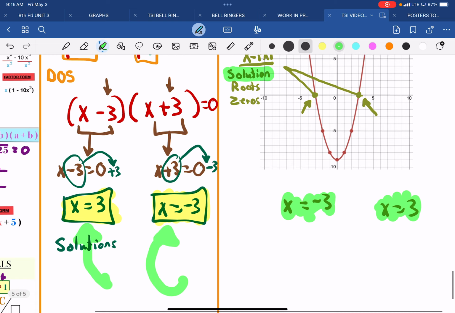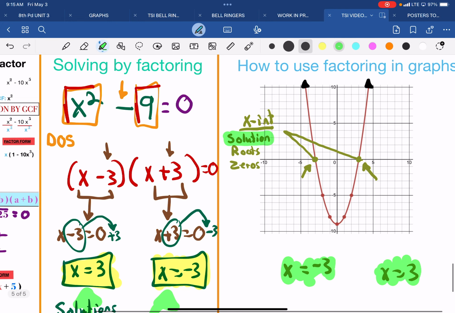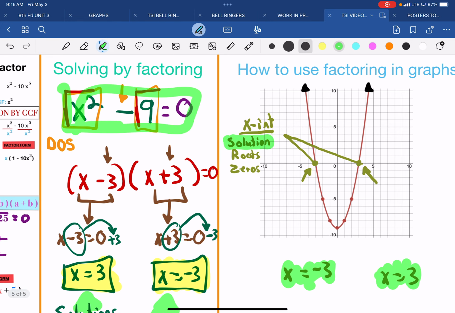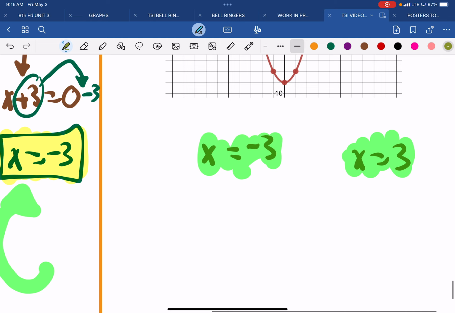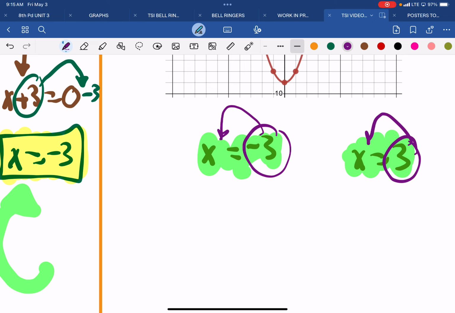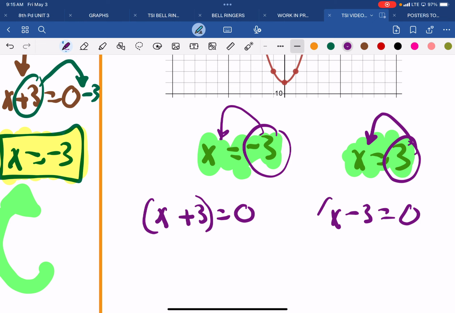Right now, I'm going to teach you how to work backwards so that we get to where we need to get. Very simple: we're going to make this equal to 0. So we move this to the left and this to the left. So x plus 3 is equal to 0. x minus 3 is equal to 0. And guess what? These are now my factors.